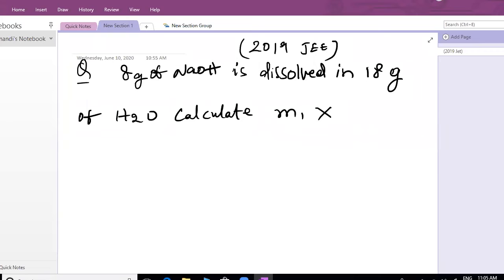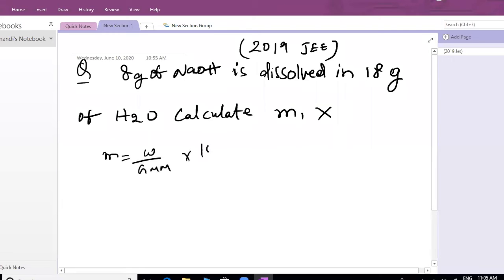Small m means molality, not molarity, sir. The answer 11.11 is correct. I'm asking small m. Small m means given mass by gram molecular mass into 1000 by W, the weight of solvent.